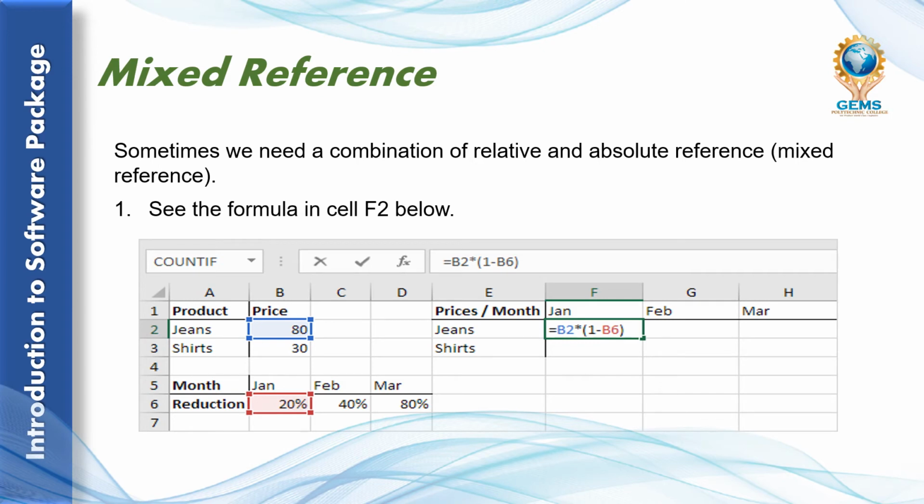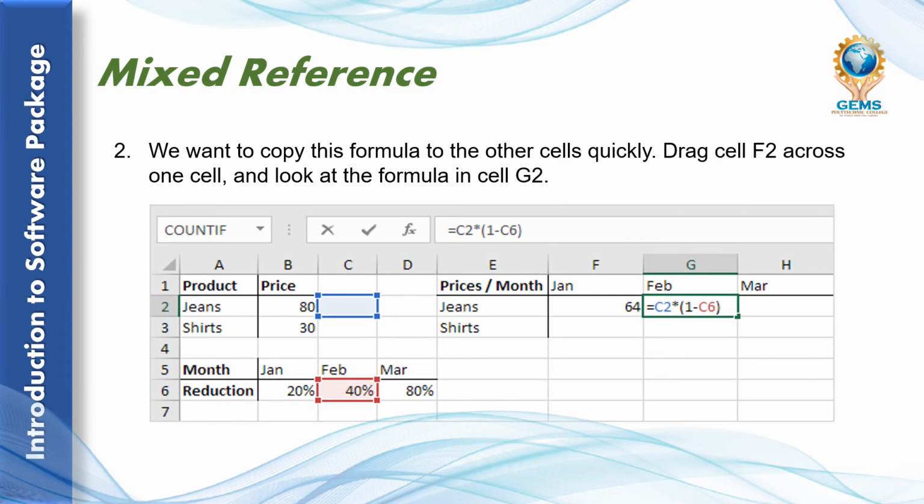We can see here the formula of cell F2, which has a reference to B2. If we want to copy this formula to other cells quickly, drag the F2 cell across to another cell, so you can see cell G2 also.